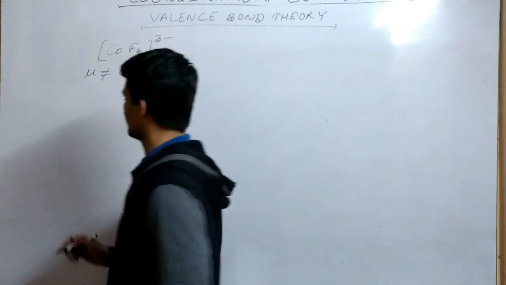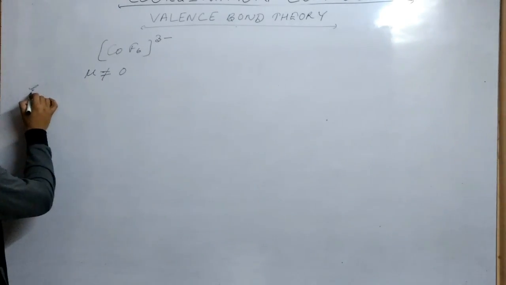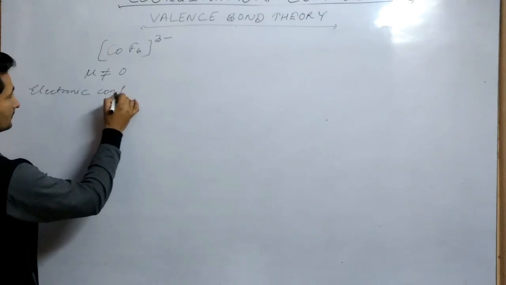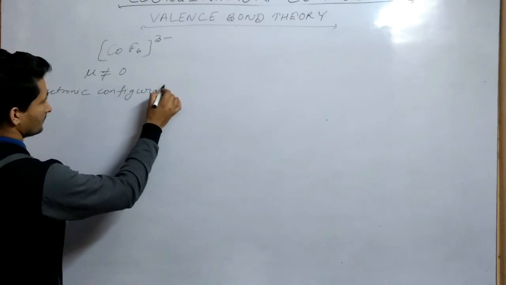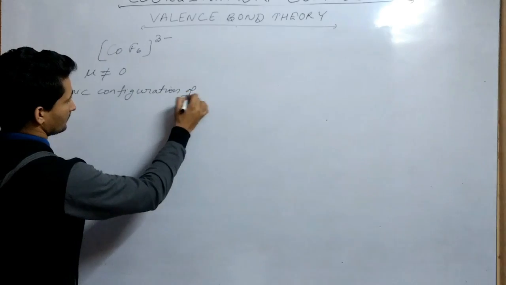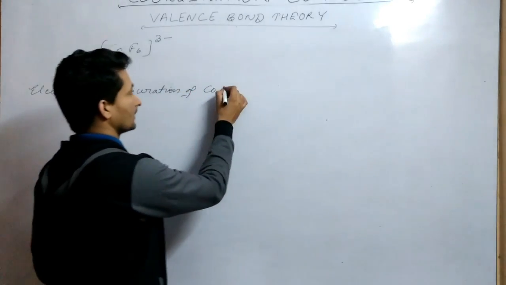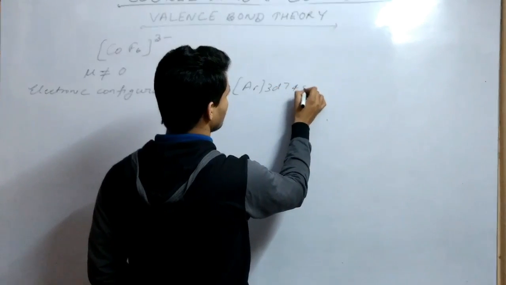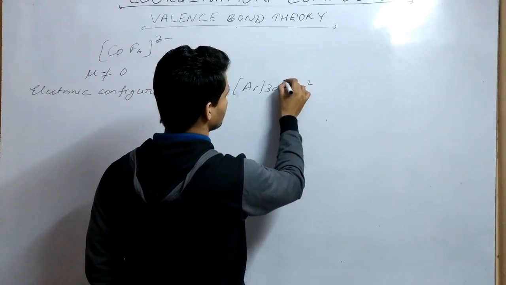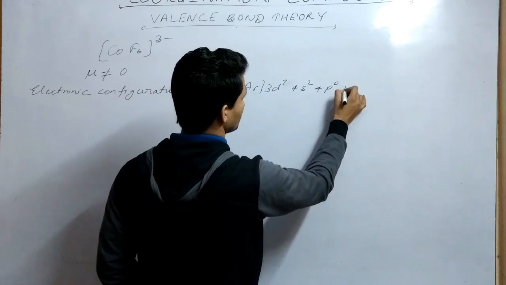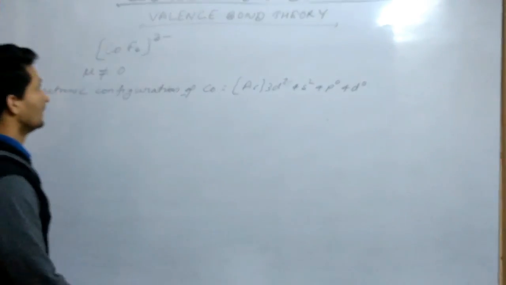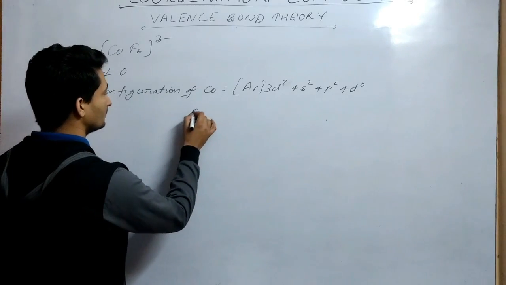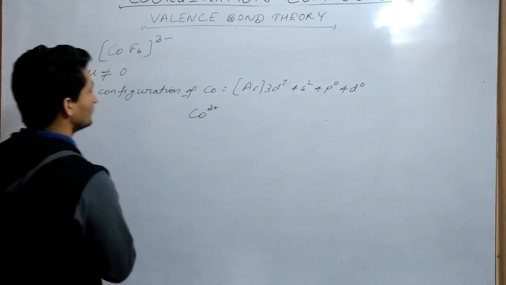Now let us see again the electronic configuration of cobalt, which is argon 3d7 4s2 4p0 4d0. Here if we find out the oxidation state, then we can see that cobalt exists as Co3+.